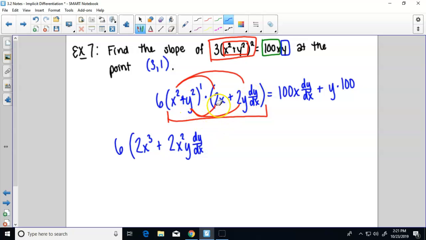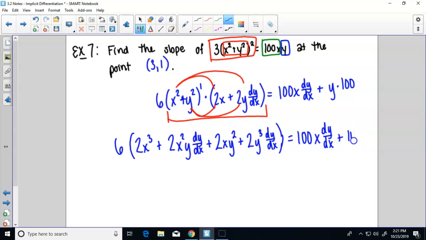Then we've got y squared times 2x, so we'll have plus 2xy squared. And then y squared times 2y dy/dx, so we'll get 2y to the third dy/dx. And that'll equal this stuff over here, 100x dy/dx plus 100y.